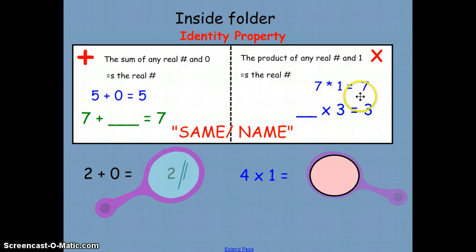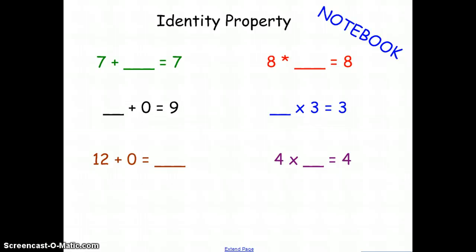So 7 times 1 equals 7, and 1 times 3 equals 3, and 4 times 1 would equal 4. So that's the identity property. So same name. Okay, so moving on. Here are some other examples that if you want to work them, you certainly can. You don't have to though, but just to give you a little practice.